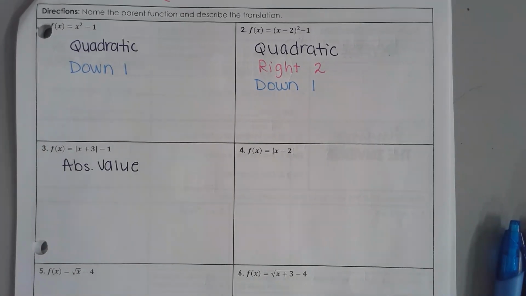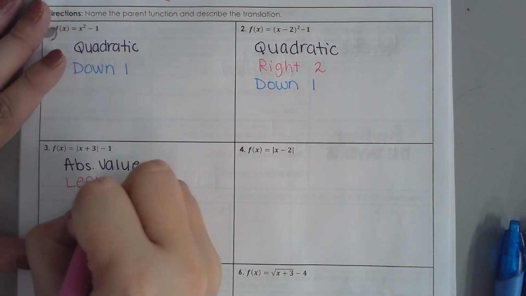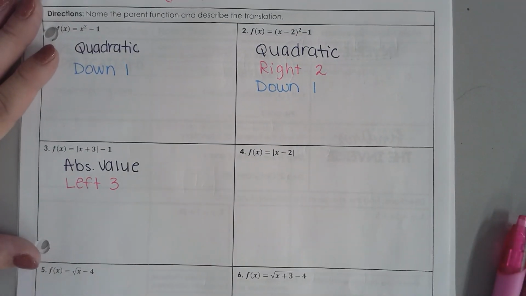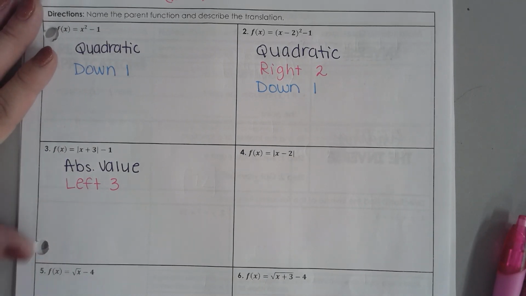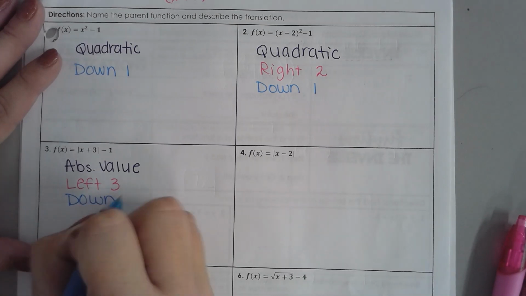So when you have absolute value bars, if it's between the 2 bars, that's considered inside. What does a plus 3 on the inside make it move? Left 3. Okay. And then this one also has a minus 1 at the end. What does subtracting on the outside do? Down 1.